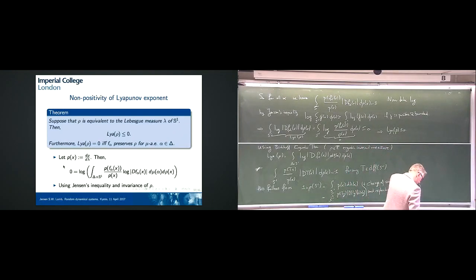okay, so basically this Jensen's inequality is quite elementary. And so this is a property that often pops up in one-dimensional systems. So one-dimensional systems with noise typically have negative Lyapunov exponent.